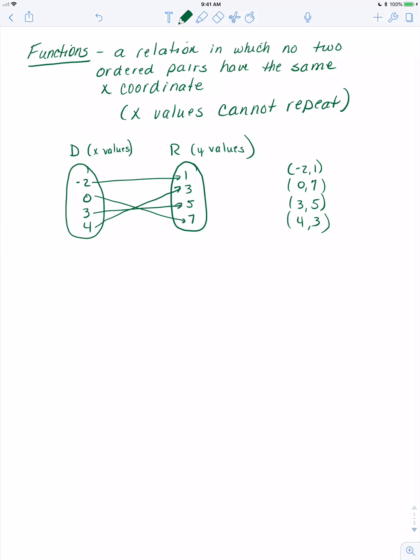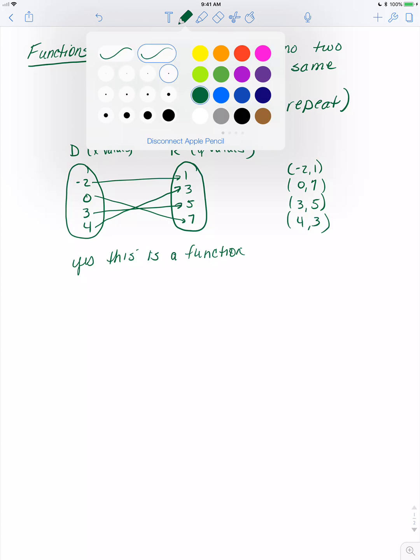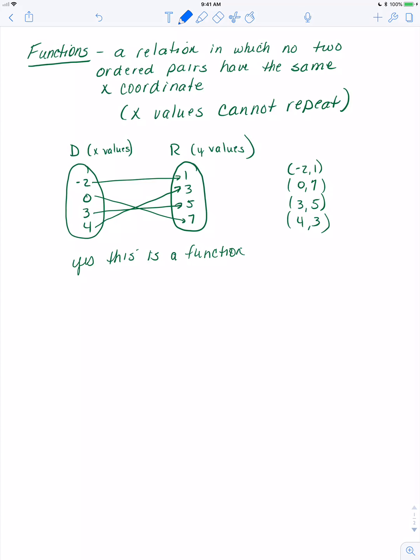So you notice there that yes, this is a function because none of those x values repeat. Now, if this 4 also went with the 7, then that 4 is repeating, so therefore it would not be a function.